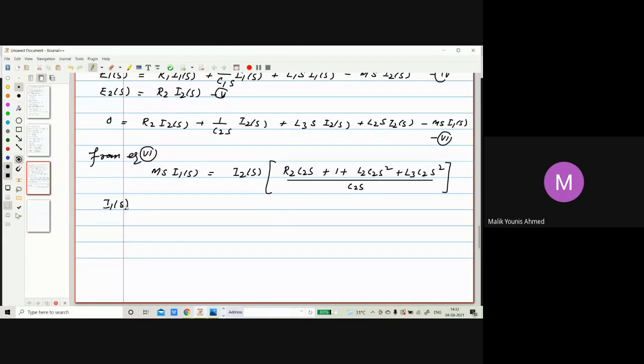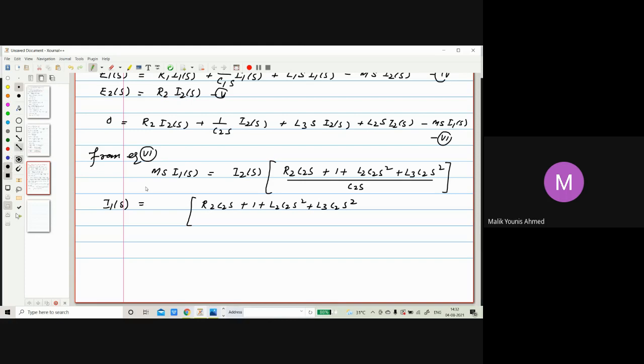because I want to avoid these currents in the calculations. So this will be R2 C2 of S plus 1 plus L2 C2 of S square plus L3 C2 of S square.